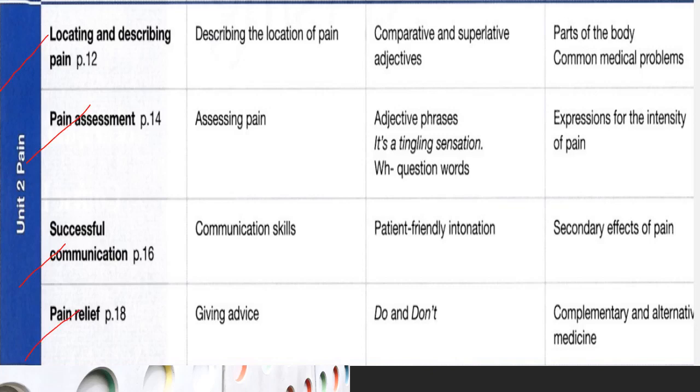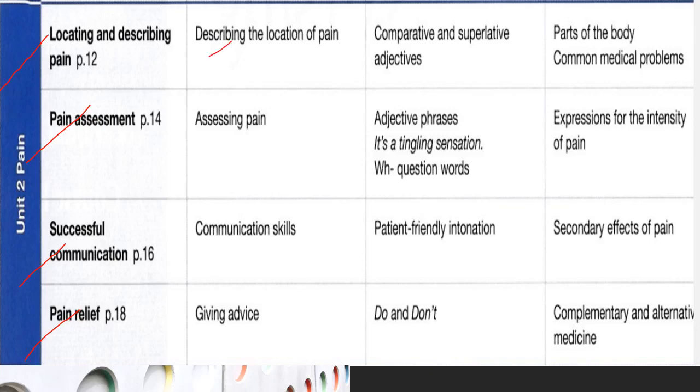In the second column from the left, we are going to learn the objectives of this unit which we need to achieve on the level of functional English. The word functional English means how to use English in your career, how to make use of English expressions in order to communicate better in the career of nursing.